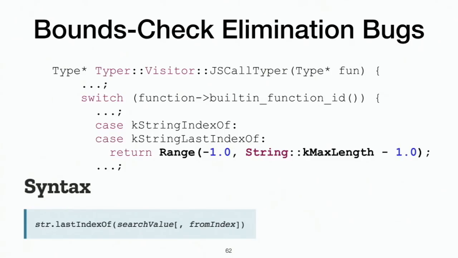So lastIndexOf can return -1 in case the search value isn't found, or it gives you an index. So what they thought is that the return value of this call must be an integer between -1 and the maximum length of a string minus 1, right? Because it's an index, so it must be less than the length.